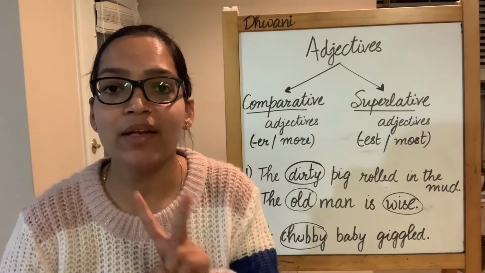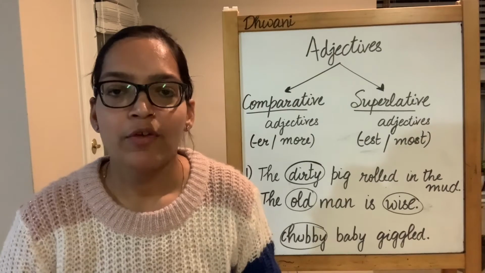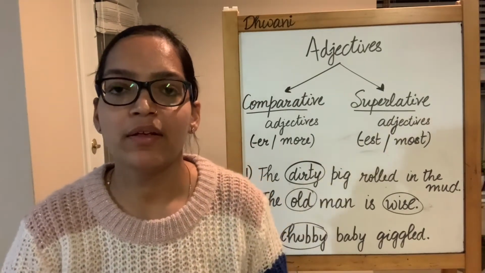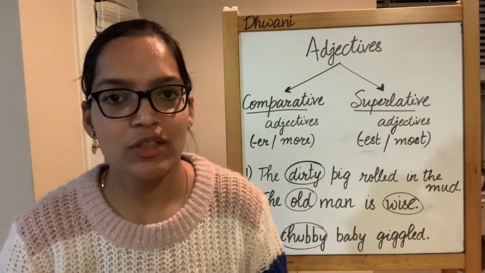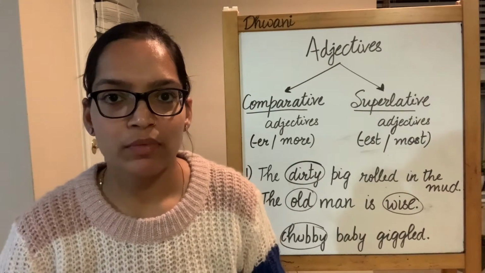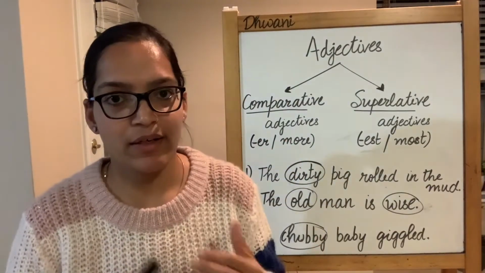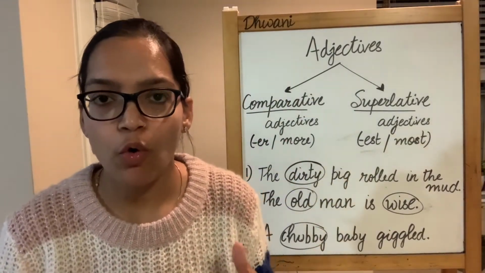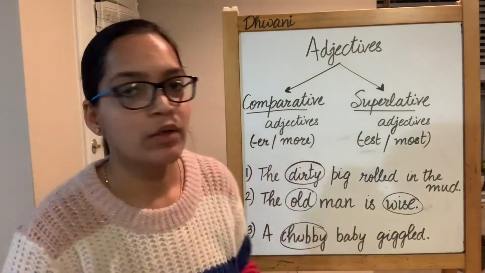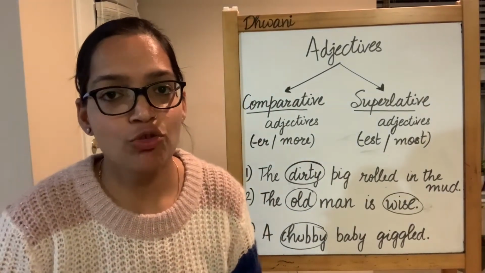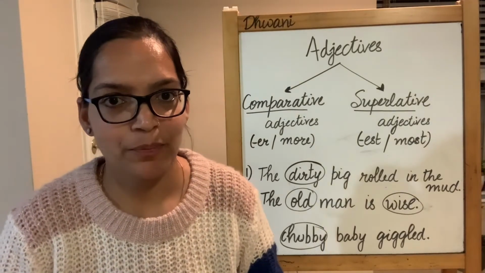When you're comparing two things, we use words to describe the comparison, and the adjective changes its form from the original form: either er gets added at the end of the adjective, or we add more just before the adjective.